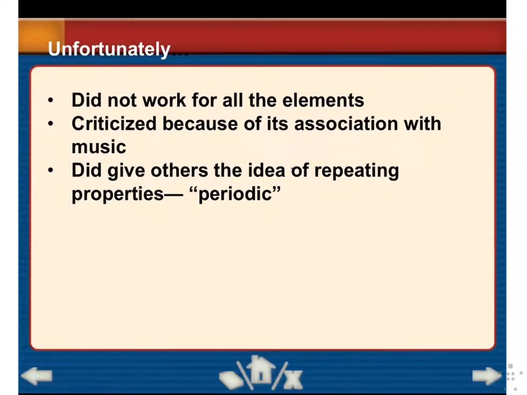What it did do was give other scientists, ones that were going to continue working on this, the idea of repeating properties. So this is where scientists got the word periodic. So periodically, these properties would repeat, so it became known as a periodic trend. So Newlands gave us this word.